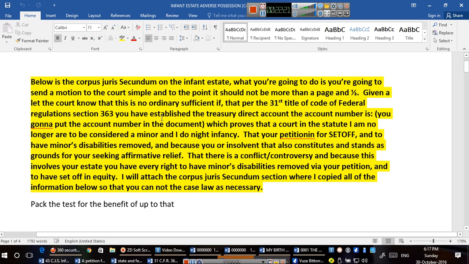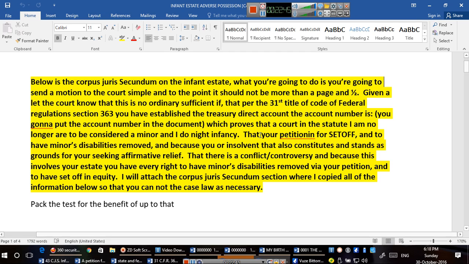And you put the number you got in the document, which proves to the court, in the statute, that I am no longer to be considered a minor. And, well, it's supposed to be in straddle with minor deficiencies and disabilities. Ladies and gentlemen, this was done with speech recognition.